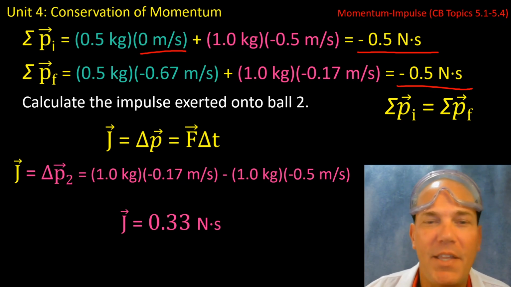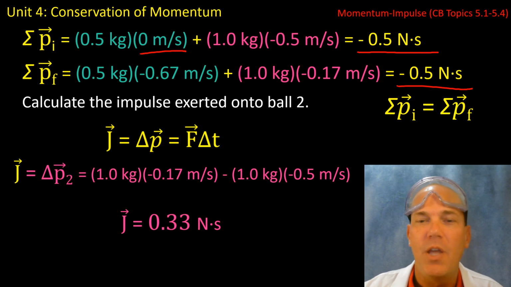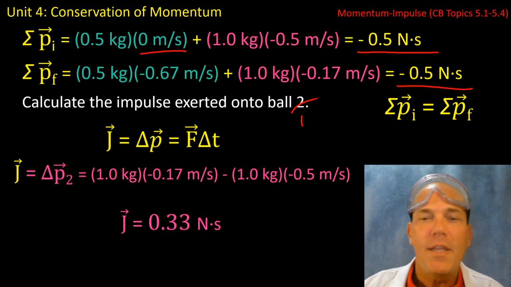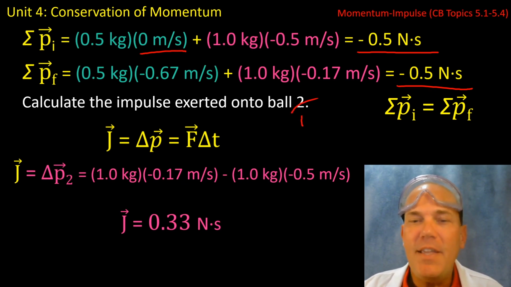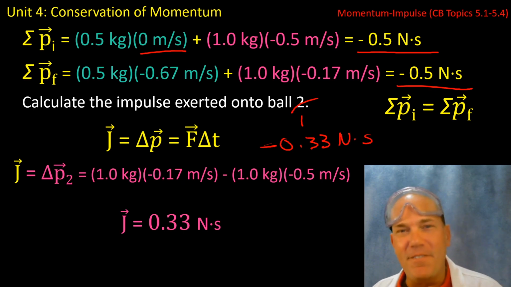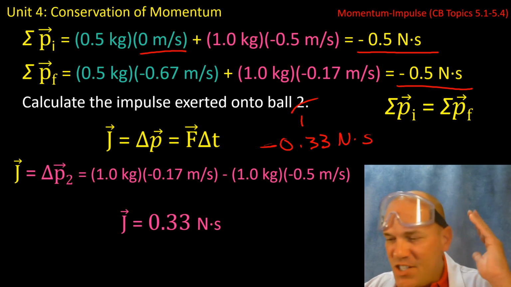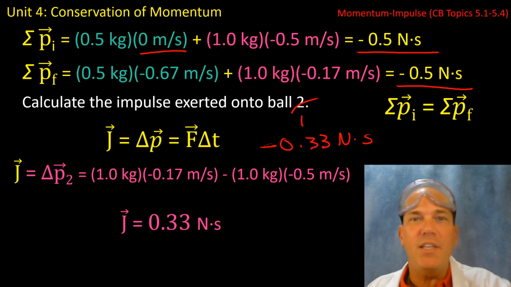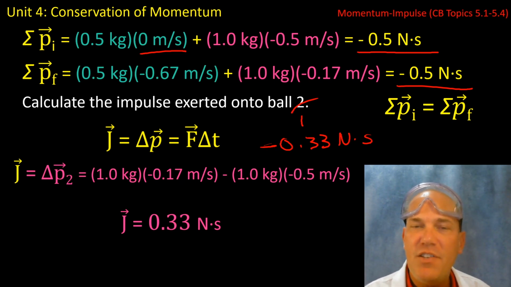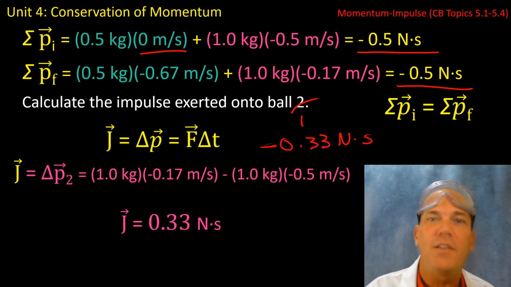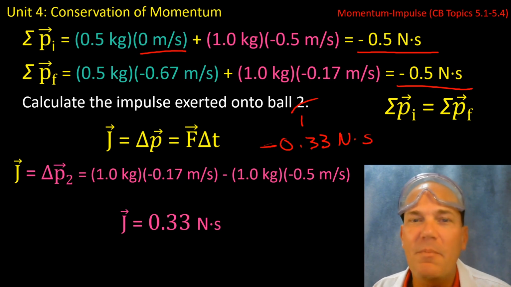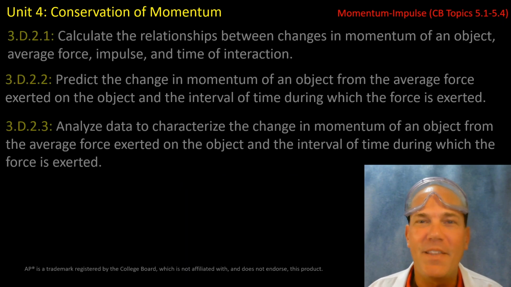If you were to calculate the impulse exerted onto ball 1, you would find it to be 0.33 Newton seconds to the left, which again exemplifies the fact that the change in momentum for one object is equal in magnitude to the change in momentum for the other object, which leads to momentum being conserved within the system.